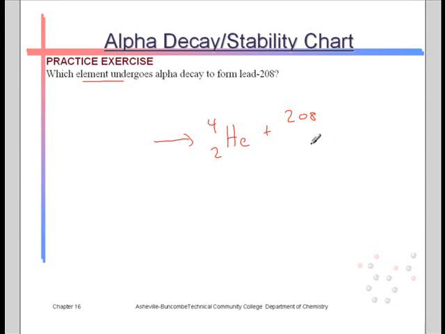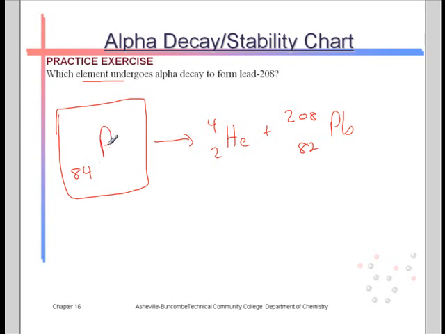And lead is 82, Pb. And what's in the box? What element just fell apart here? Well, 2 plus 82 is 84, and that is polonium. And then 208 plus 4 is 212. So it's polonium 212 that underwent that particular disintegration.